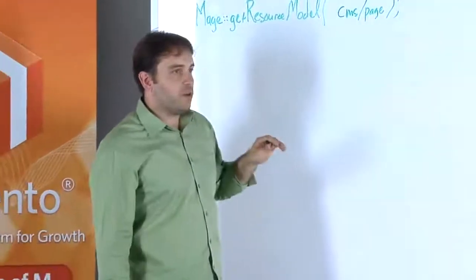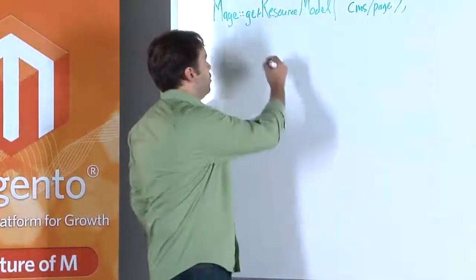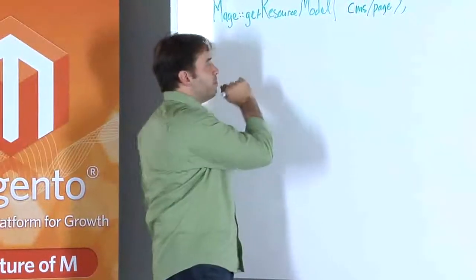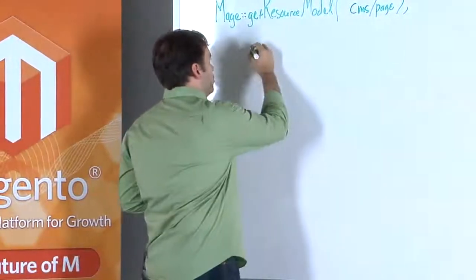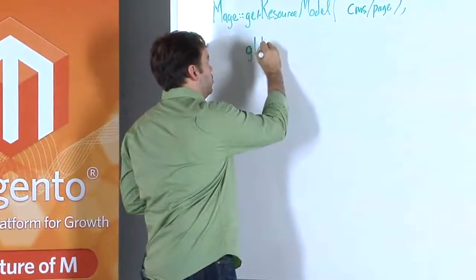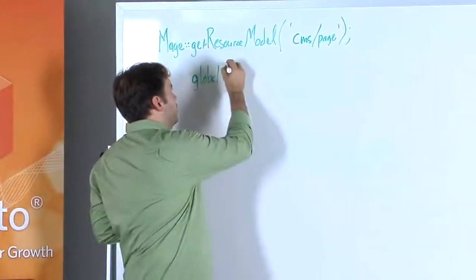Now the difference is, whereas CMS page in get model would look under a certain place in the configuration DOM structure, we're going to look for this XPath: global, models, CMS, resource model. This is Mage Core Model Config, again, doing the work.